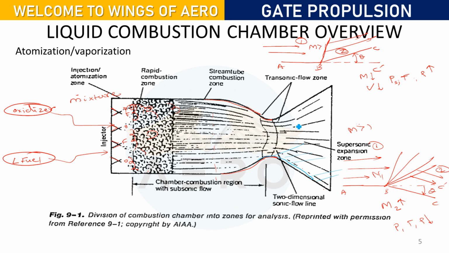Across each wave there will be a change in Mach number. That means a drop in pressure and a hike in kinetic energy in the form of increasing velocity. This is the science behind using the divergent section in the rocket engine. I hope I made it clear to everyone.